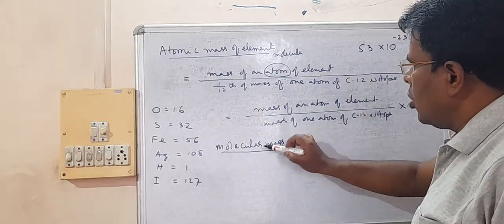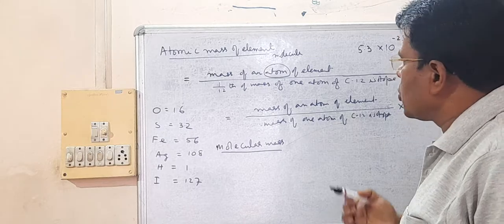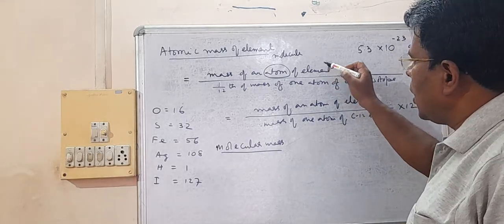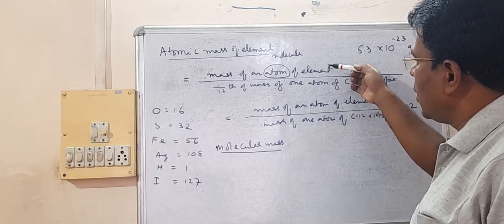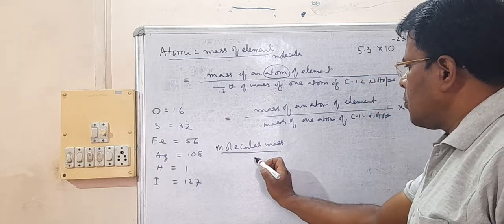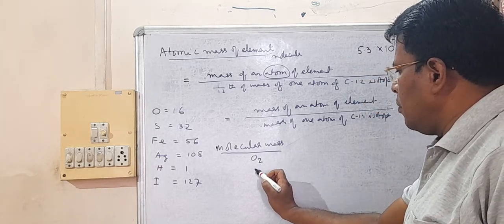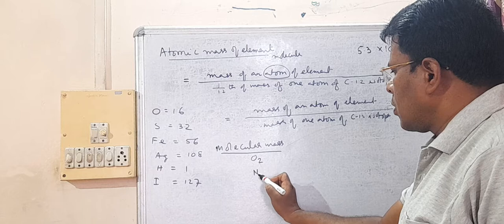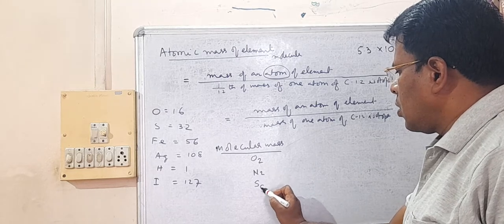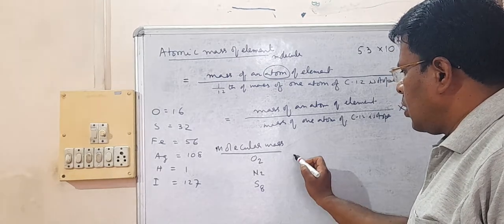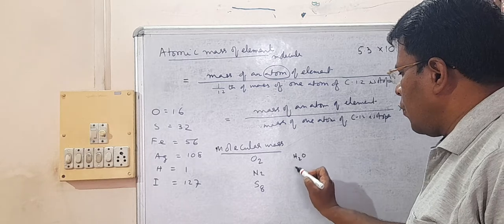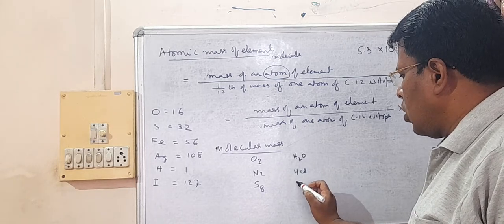Since a molecule can be of a compound also, it can be of an element or of a compound. Suppose these are molecules of elements. Say H2O, HCl, these are molecules of compounds.